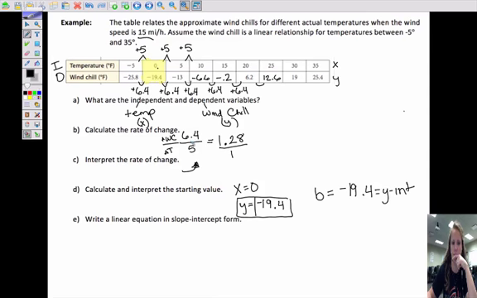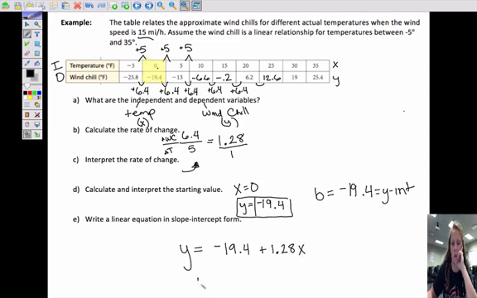All right? And then let's write a linear equation in the slope-intercept form. Well, we start at -19.4. That's our wind chill when the temp's 0. And then we're going to add, since our slope was positive, 1.28 for each one change in x.